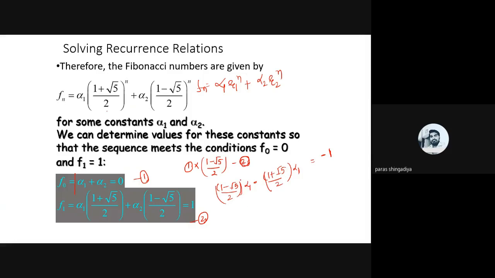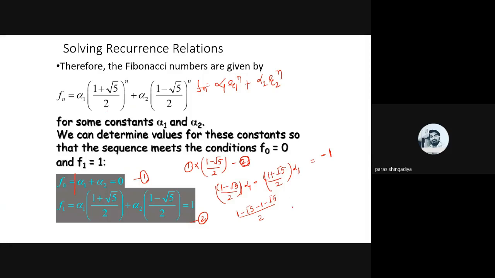And now take the LCM here. So divide by 2, alpha 1 you can take common, so it is 1 minus root 5 minus 1 minus root 5. Here it is 1 minus root 5 by 2, and it is 1 plus root 5 by 2.